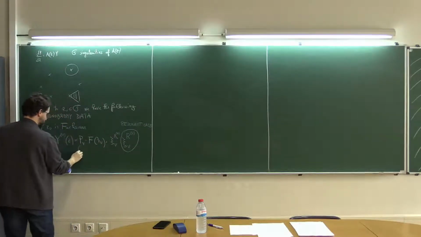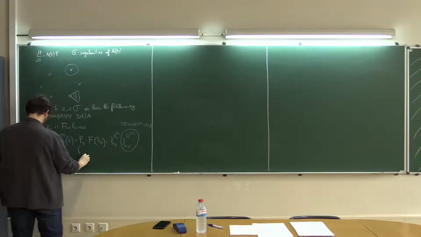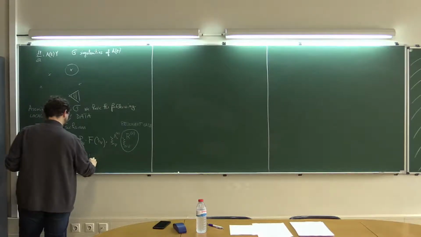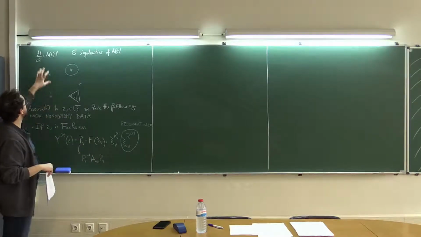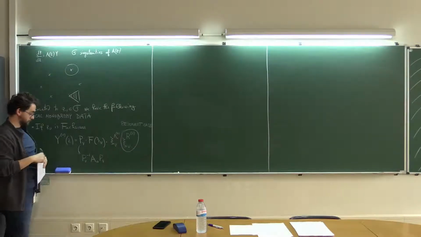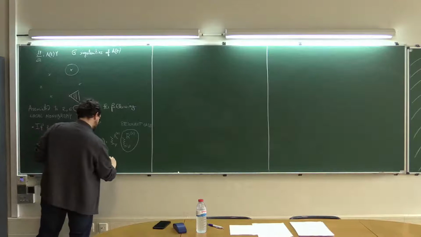And this is a matrix which puts in Jordan form the coefficient A0, the leading term in the Laurent expansion of the coefficient around the singularity z_ν.